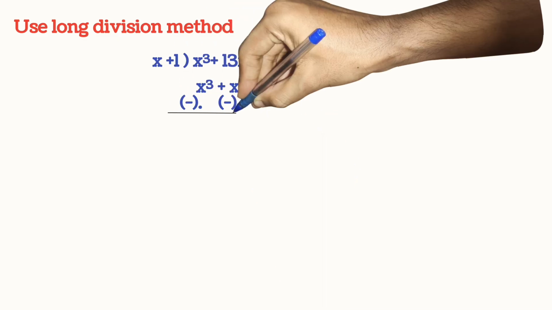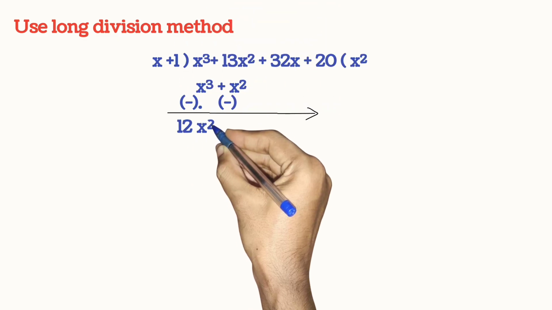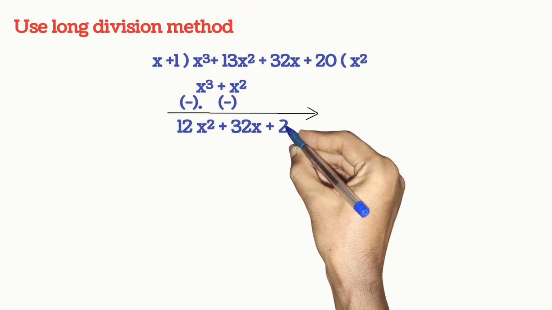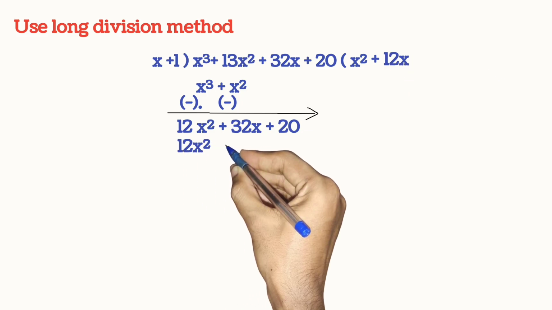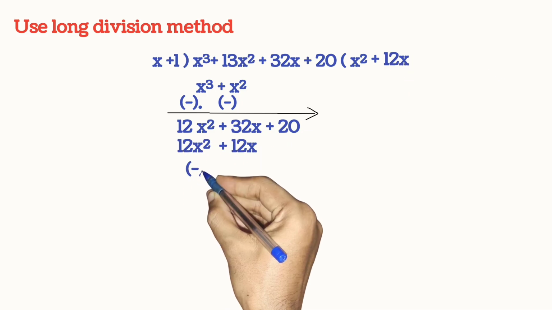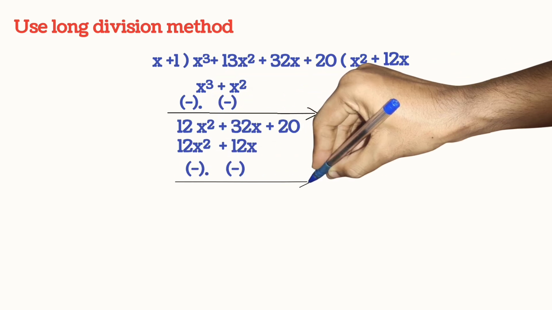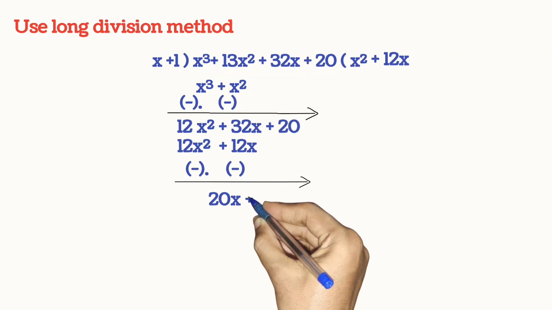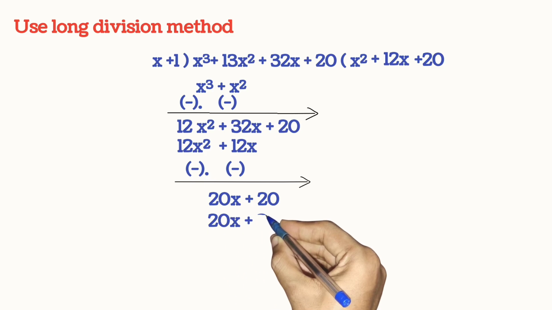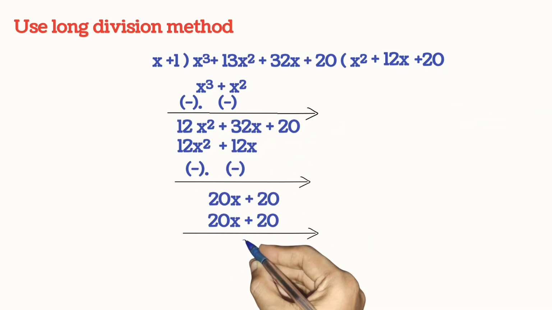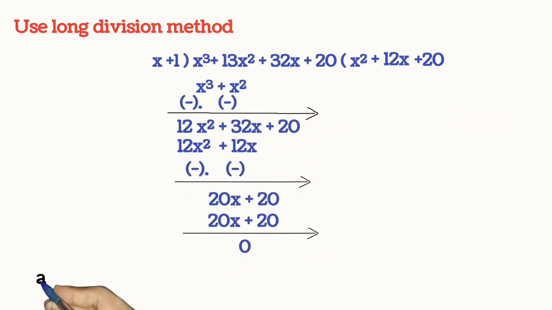Then after subtraction, we get 12x squared plus 32x plus 20. Then with plus 12x, we get 12x squared plus 12x. Now the sign will change, and after subtraction, we get 20x plus 20. Now with plus 20, we get 20x plus 20.